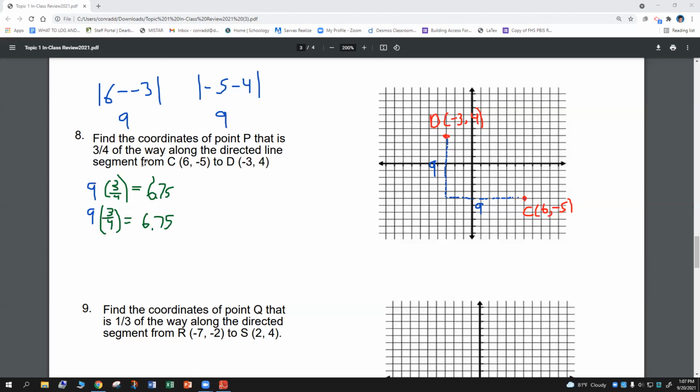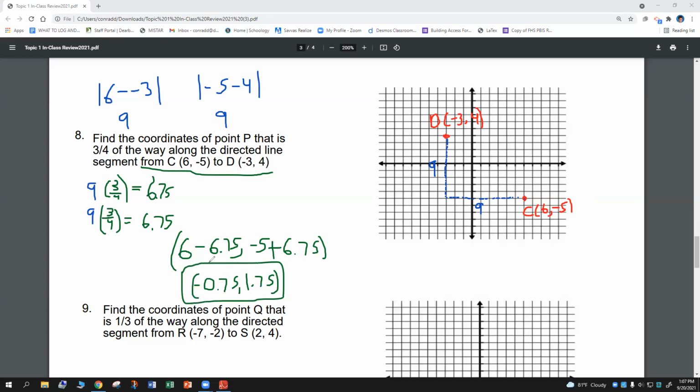We're going from point C to D, so we need to start at C. We're starting at 6, going left, so we subtract 6.75. For the Y, we're starting at -5 and going up, so we add 6.75. When we do that, we get -0.75, comma 1.75.